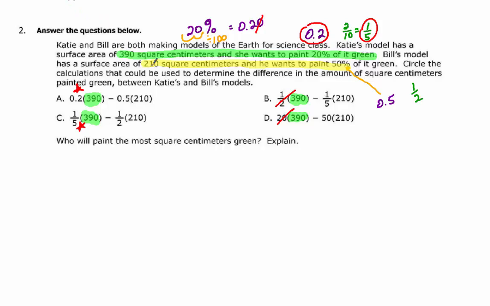We go back, we do the same thing. The 210 has to match up with either 50%, 0.5, or 1/2. 210, I'm looking for these now. 210 right there, 210, 210, and 210. So 210 with the 0.5, that works. 210 with 1/5, nope, the 1/5 is supposed to be with the 390.